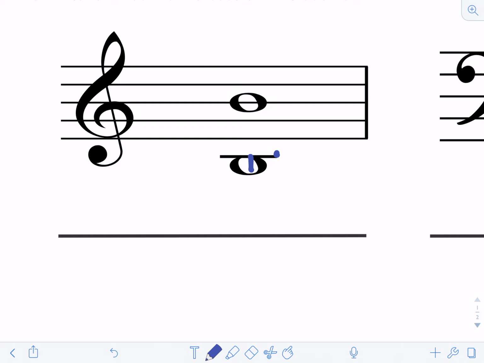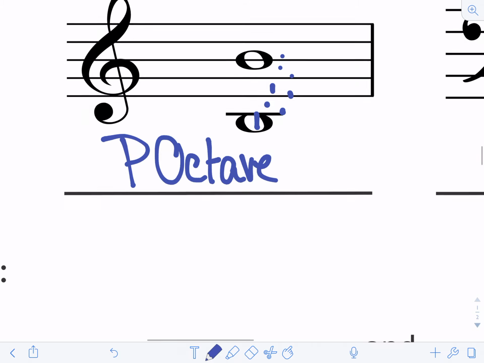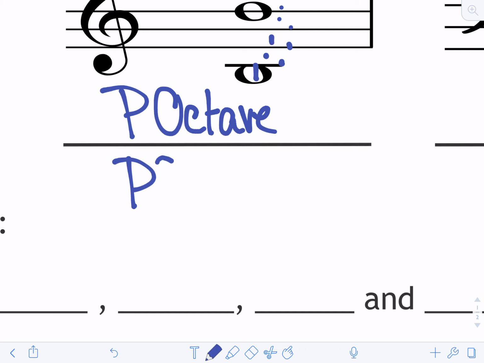1, 2, 3, 4, 5, 6, 7, 8. And I want you to do this. P octave. Or, here's another one, which is just P8VA is a short version of octave.